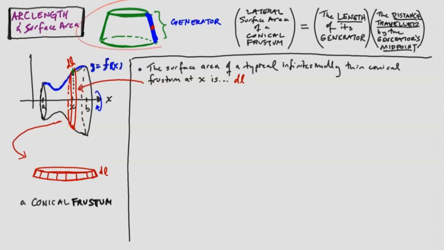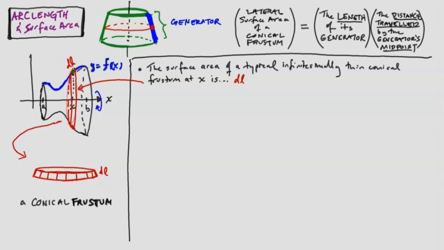I mean, like in the bigger case over here that I could see, we have the axis of symmetry, and the midpoint travels around it on a circle. How far does it travel? Well, it's the circumference of that circle. What's the circumference of that circle? Well, everybody knows that. It's 2 pi times the radius, whatever that might be. Okay, we'll bring that back over here. Here we have the midpoint of that infinitesimal line segment.